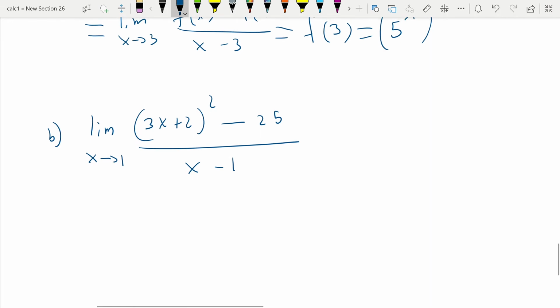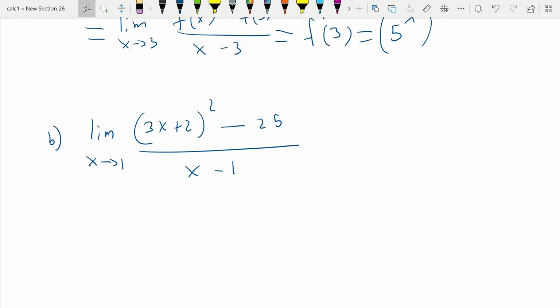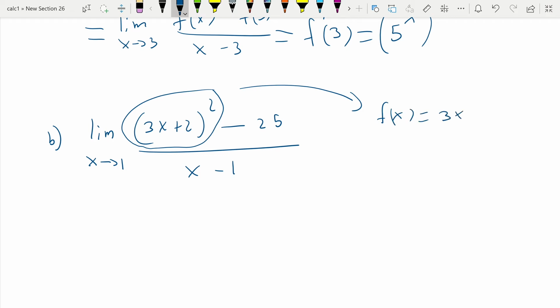In the same way, here we apply the same thing we did before, so this gives us the function. So the function better be f of x equals 3x plus 2 squared. What is the point? 1. x is approaching 1.